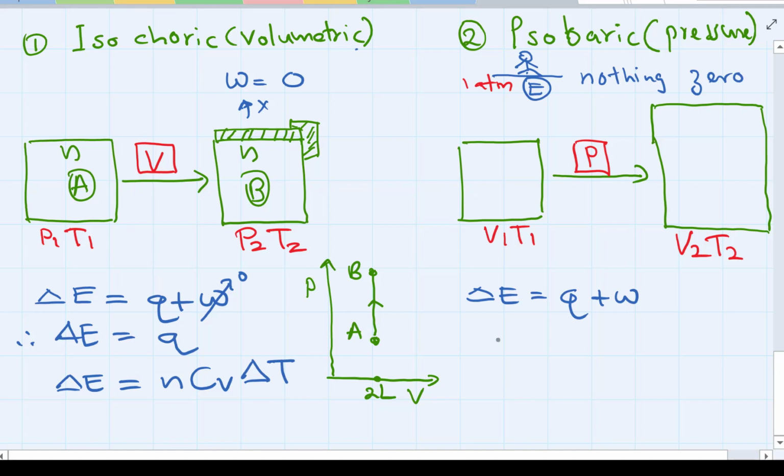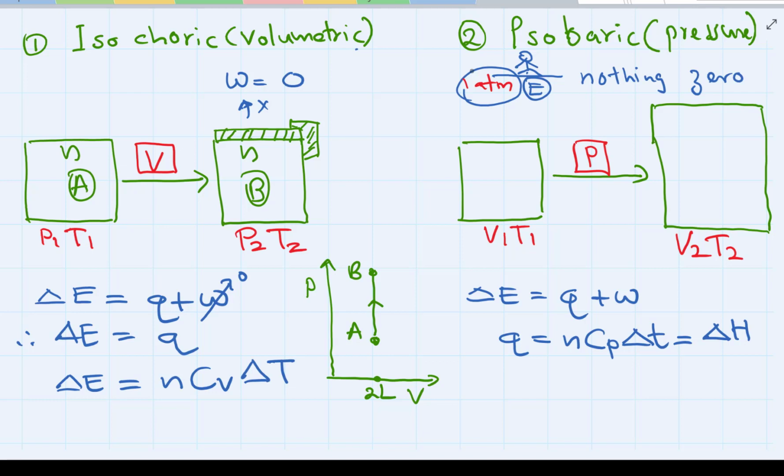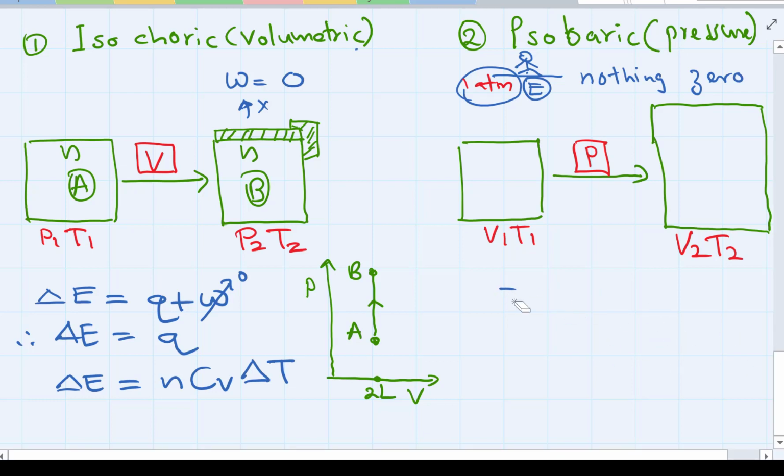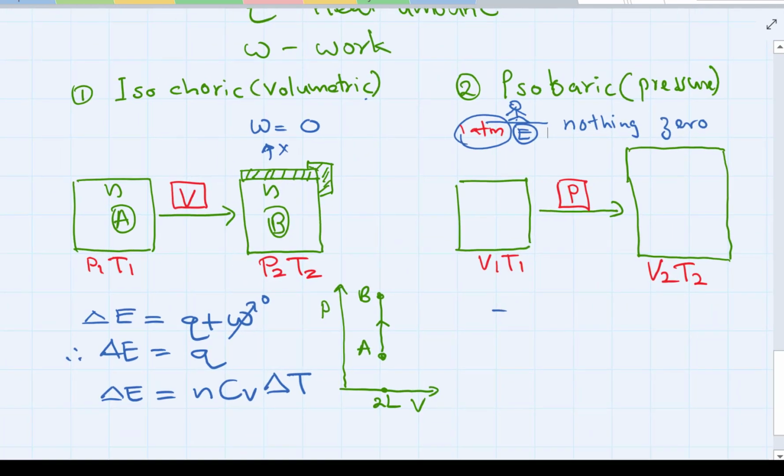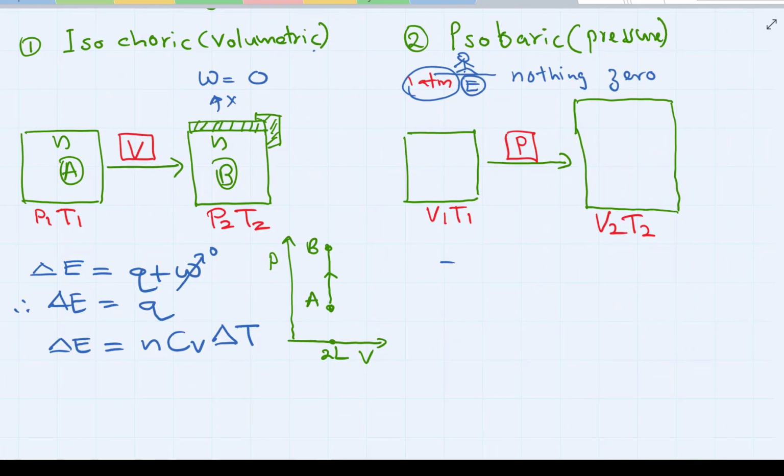Now we can also write a few other formulas here. Q is n Cp delta T, and Q is actually delta H. Oh, I need to draw the PV diagram, so let's change this one. The delta H will come later anyway. The more important thing is looking at the PV diagram, the graph.